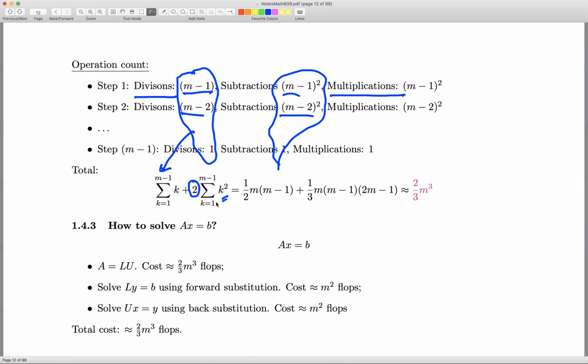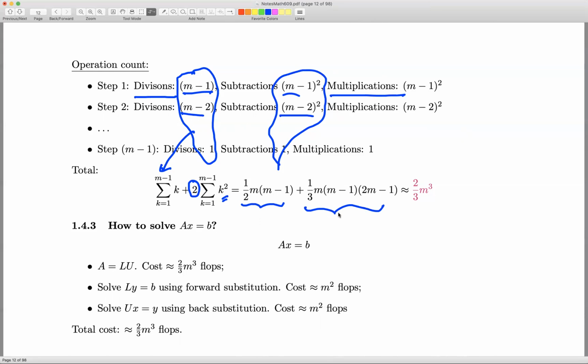So we have the sum over k from 1 to m-1 of k squared. We know that there is a formula for the first sum. We know also that there is a formula for the second sum, of the squares of integers from 1 to n. It is a known formula. And using this formula, we end up with this particular equation.